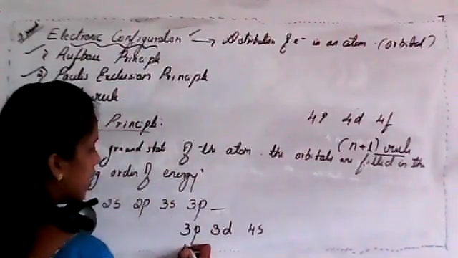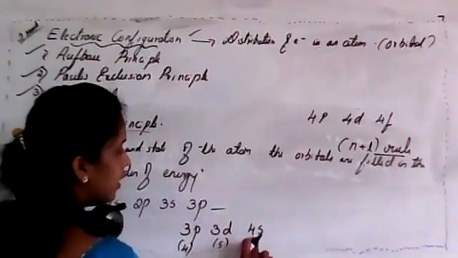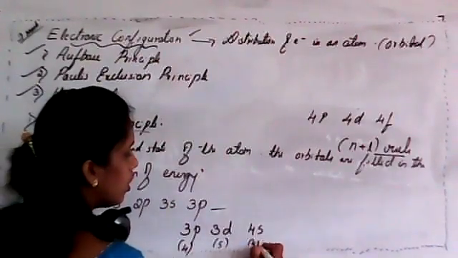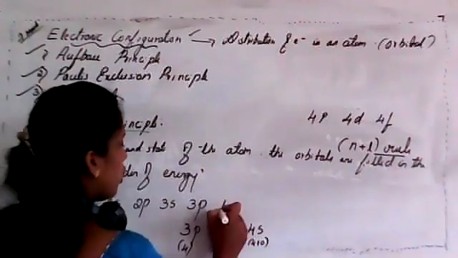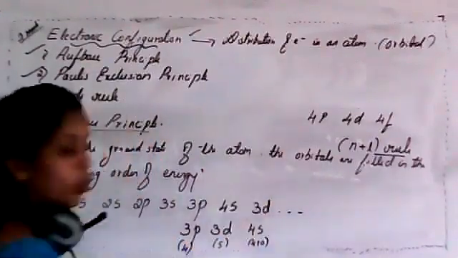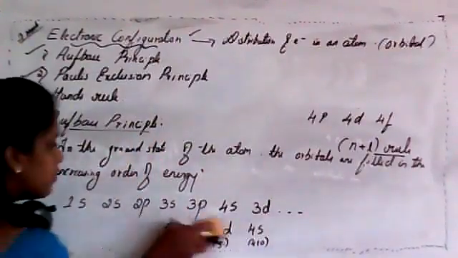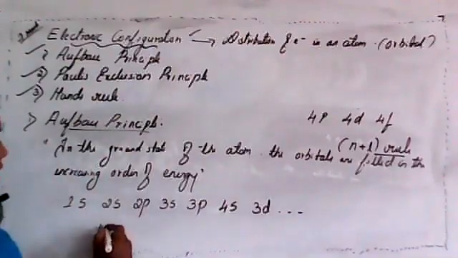For 3p, 3 plus 1 is 4. For 3d, 3 plus 2 is 5. And for 4s, 4 plus 0 is 4, isn't it? So that's why here we got 4s, after that 3d, and so on.